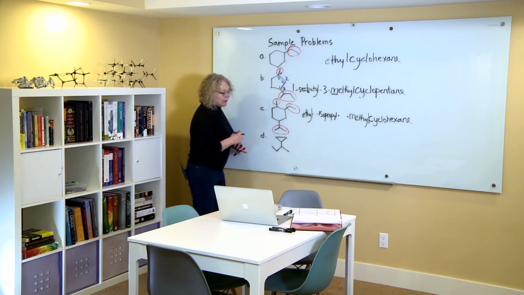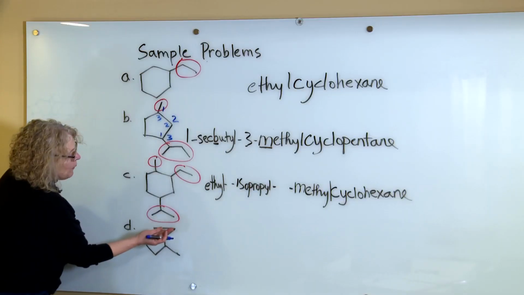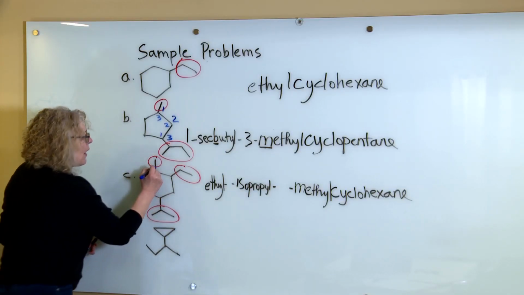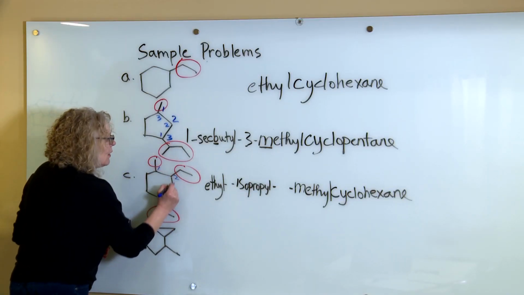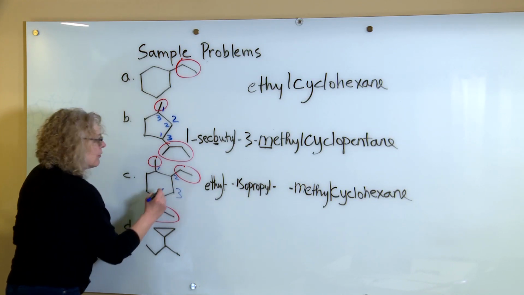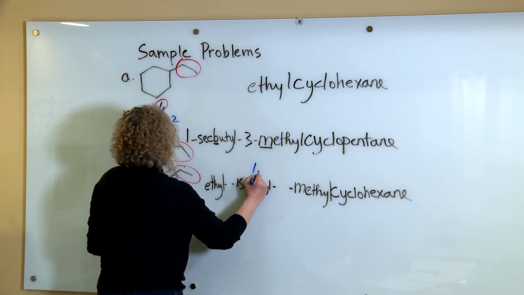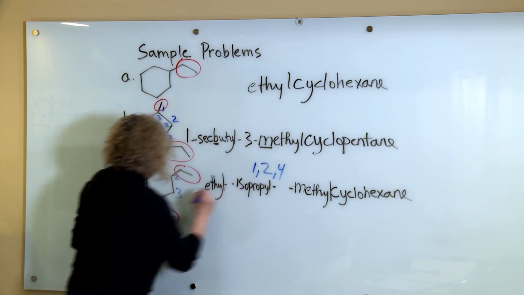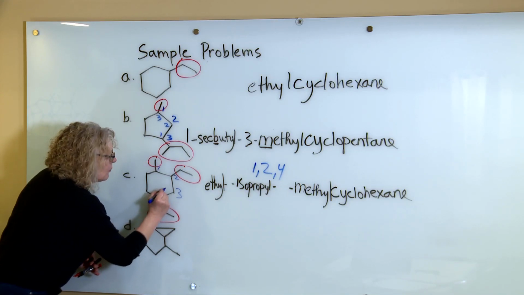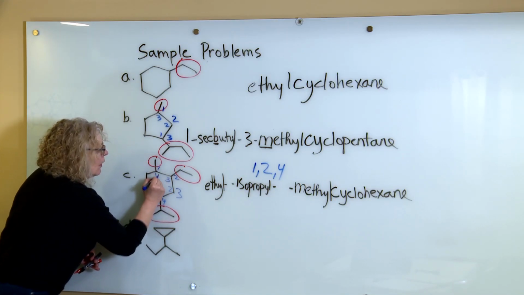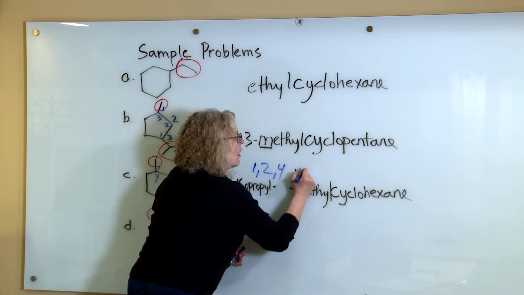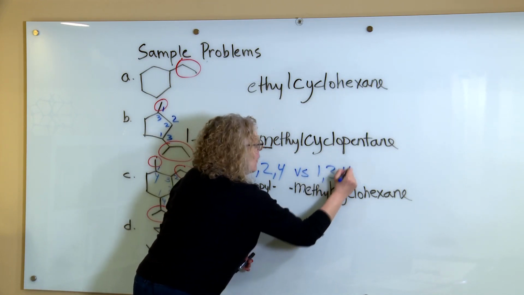What is the numbering scheme? I hope you can see that you should go around the right for the two numbering schemes. If we go around the outside and start at the top, this is a 1, 2, 4. If we start at the bottom, this is a 1, 3, 4.